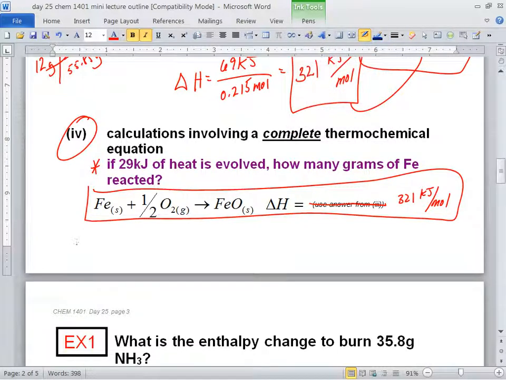I envision 29 kilojoules, and I do this whole dimensional analysis thing and I do whatever I got to do until I end up in grams of iron. And I'm starting with, instead of it being a chemical, I'm just starting with heat. So it's a mole bridge to convert from one substance to another, or one thing to another. What would be the first thing you'd use, Steph? What would be the first ratio?